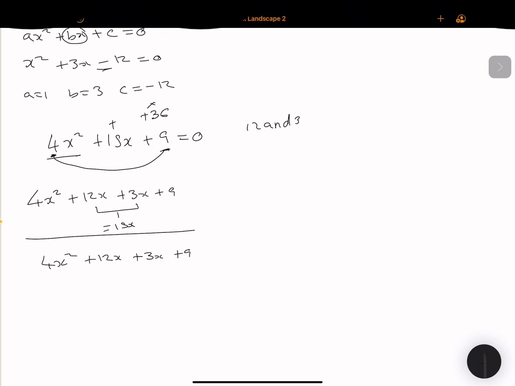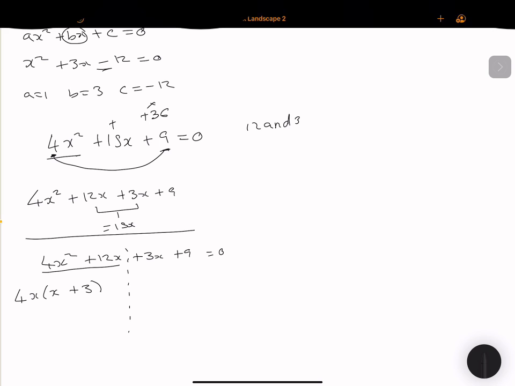Now, because it's a splitting method, what we do is we split these into two separate equations, which is all equal to 0. So we're going to factorise this side first. So we've got a factor of 4 and a factor of x, which will leave us with x plus 3.